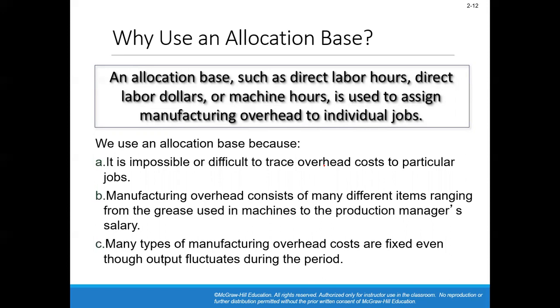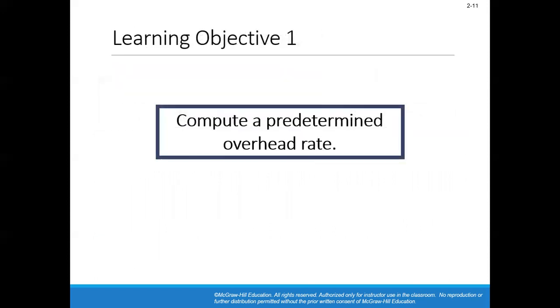So there is an idea that we will apply the overhead cost, and we will determine a predetermined overhead rate. What will we determine? We will determine an overhead rate.